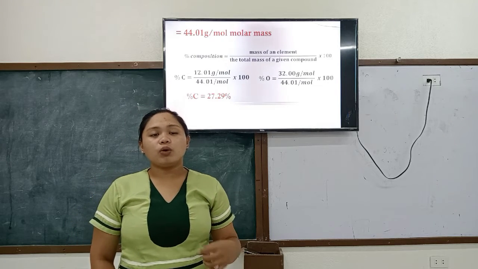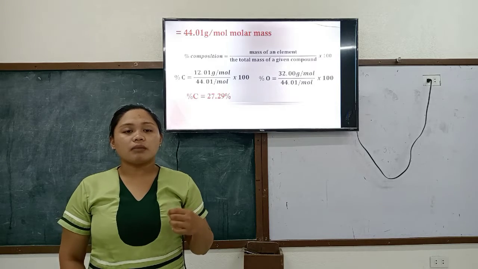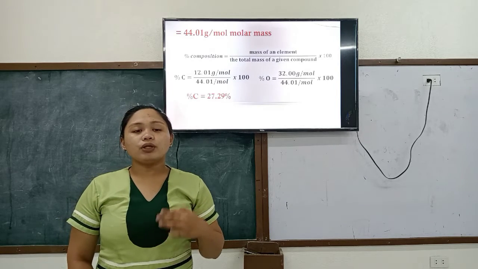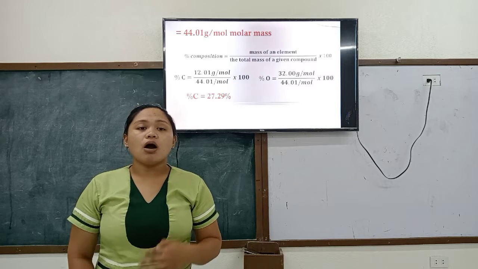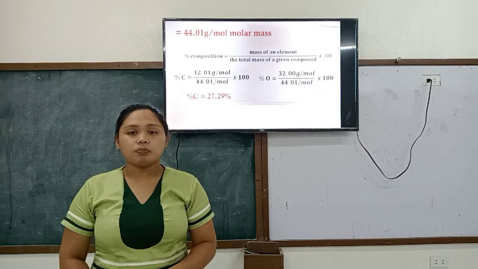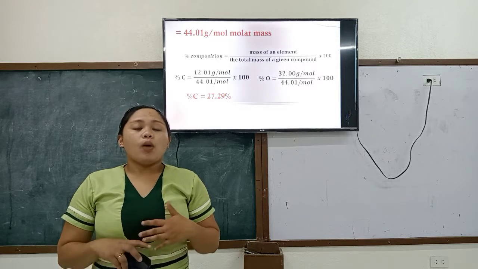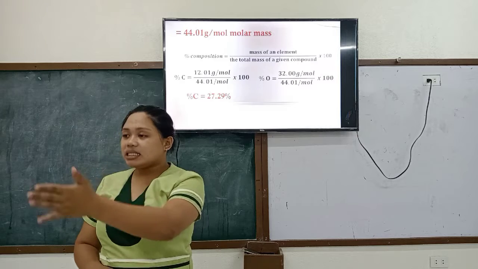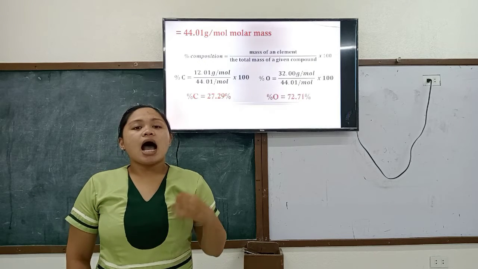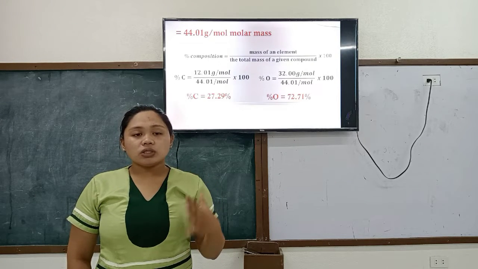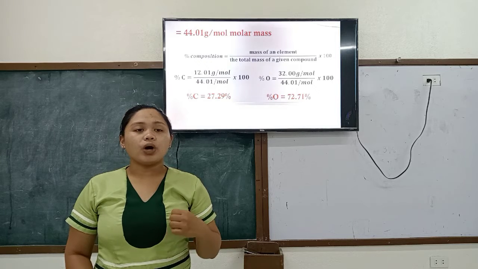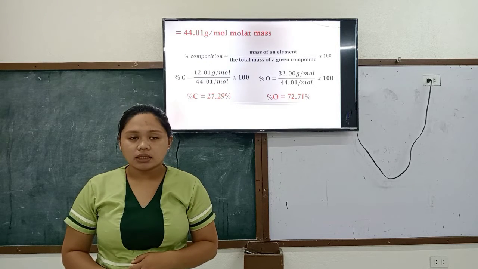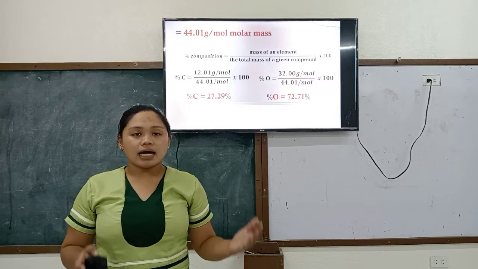Percent of oxygen equals 32.00 grams over mole over 44.01 grams over mole times 100%. Now, what could be the answer? Anyone? Yes, nice idea, which is percent of oxygen equals 72.71%. So that is the answer.